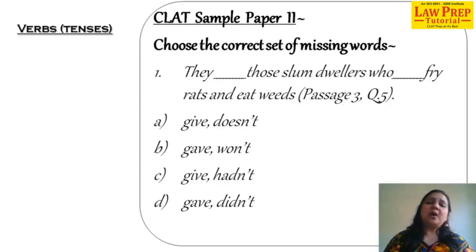So we are bound to cross out answer choice A, and I move to answer choice D. I read the correct sentence. You can check it with passage 3, question 5 from the CLAT sample paper 2, the most recent paper: They gave those slum dwellers who didn't fry rats and eat weeds.